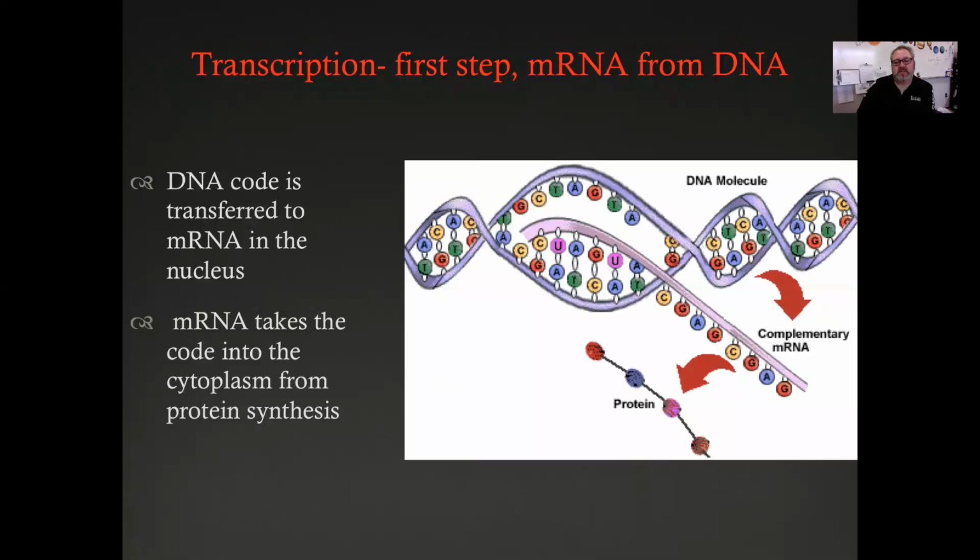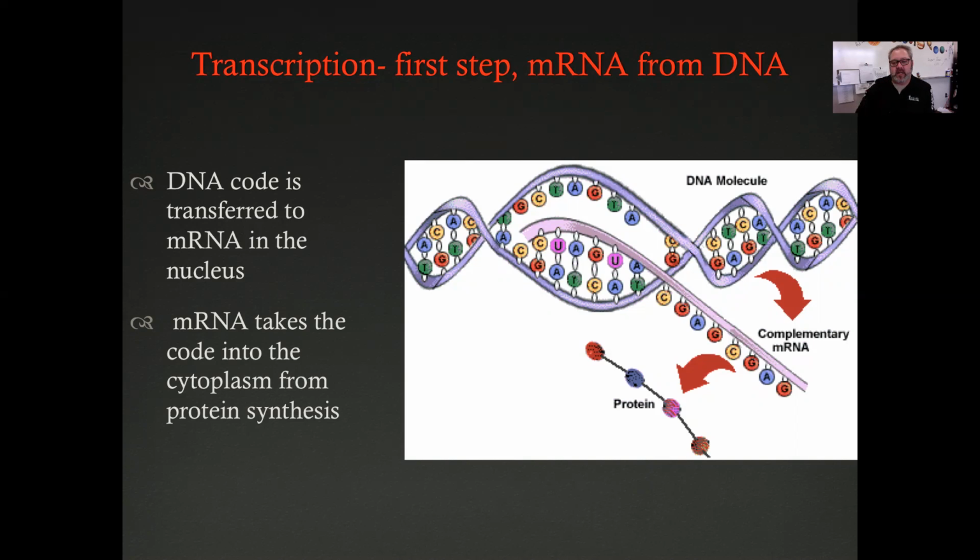So the first step then is transcription. That happens when we have mRNA that gets made from DNA. Now, if you think about transcription, it's like a copy of something. Back in the day, a transcriptionist might be somebody that worked for a doctor's office, and the doctor would dictate, or talk to a microphone, and then a transcriptionist would write down or put into a document form everything that the doctor said.